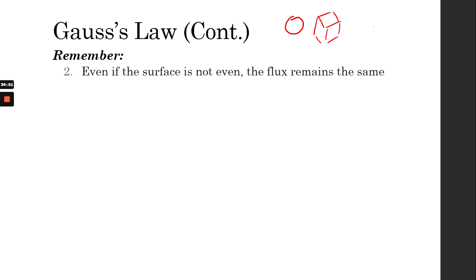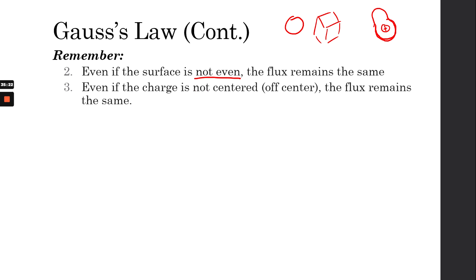So if I have, for example, a pear shape, something like that. So if I have a pear shape and I have a positive or negative charge inside, and I want to find the electric flux for this pear shape, I still can use Gauss's law, because even if the surface is not even, the flux remains the same. So this is very useful in looking for electric flux even on surfaces that are not uniform.